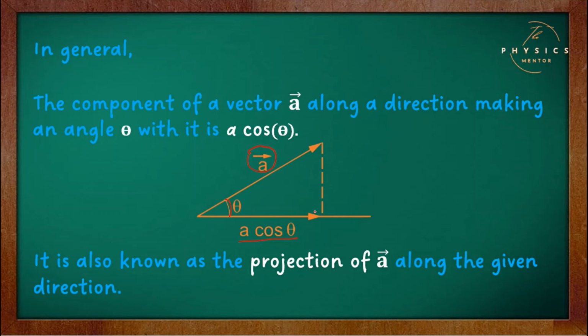So here this represents the given direction. So along this direction, the component of vector A is given by A cos theta, and this A cos theta is also known as projection of vector A along the given direction.